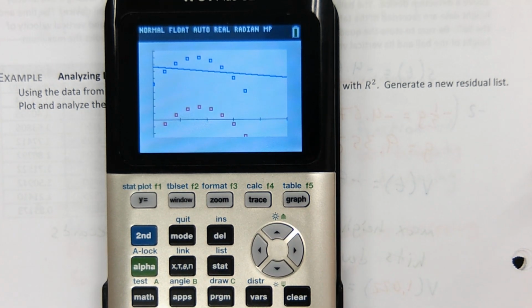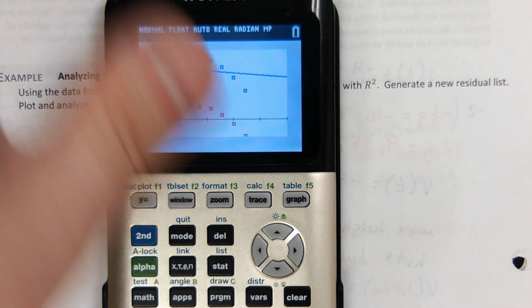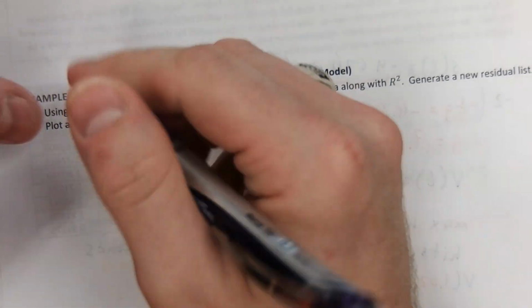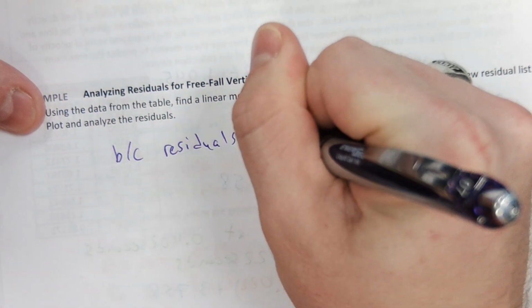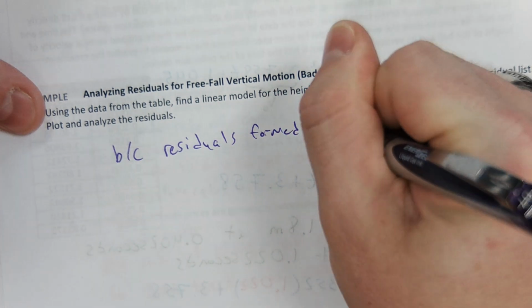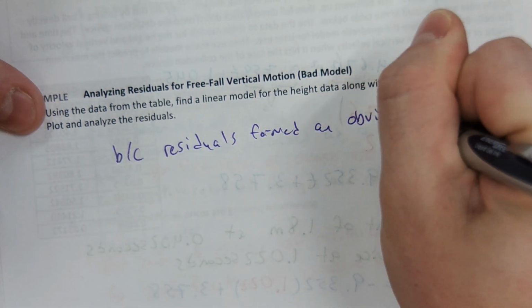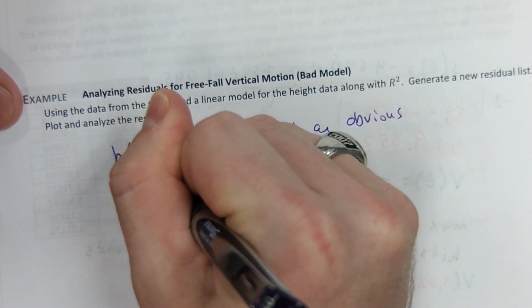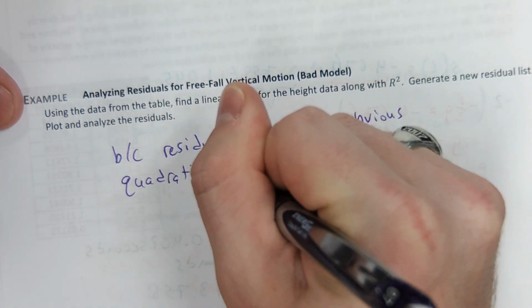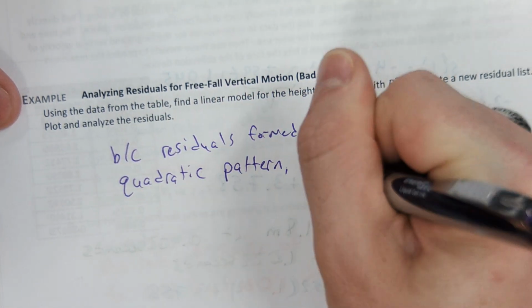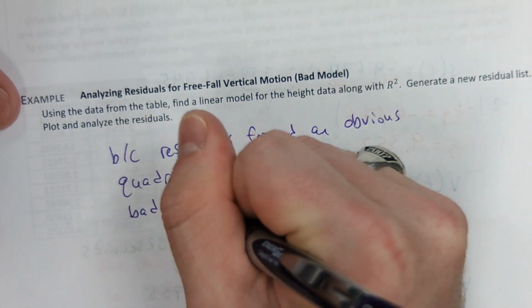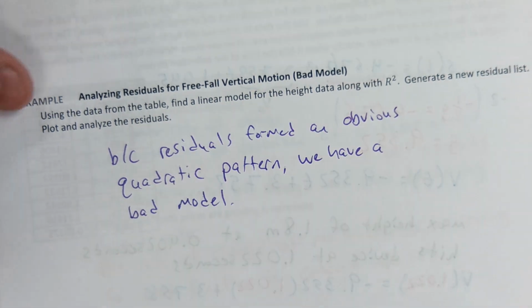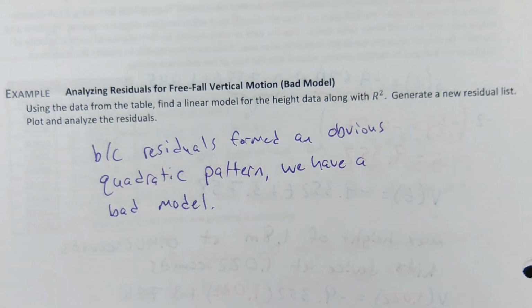So what we say is, because the residuals formed an obvious quadratic pattern, we have a bad model. And there it be, nerds.